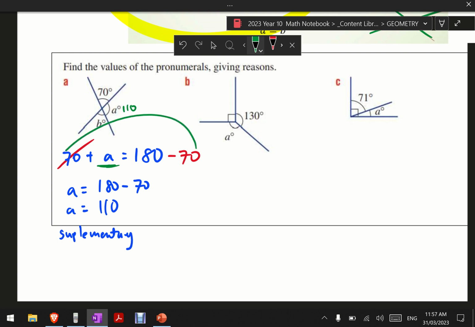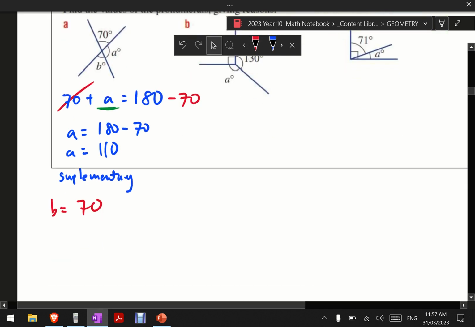So you could do the same working out here, but here's an easier way. What's happening here? What did I say about angles opposite of one another? It's a mirror. What's the word for it, my friend? Vertically opposite. So here, this is easy. All you'd have to say is just this: B is equal to 70, and you'd say it's vertically opposite.